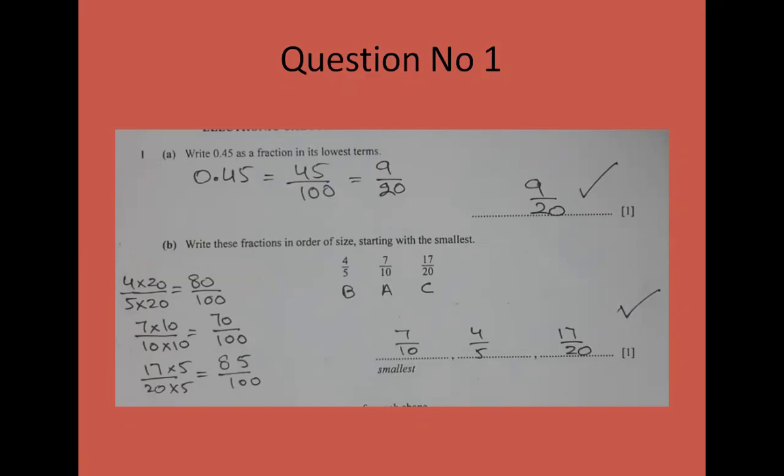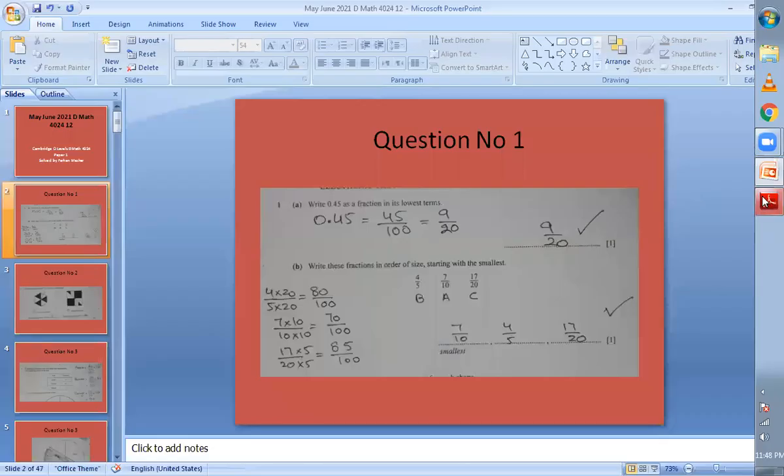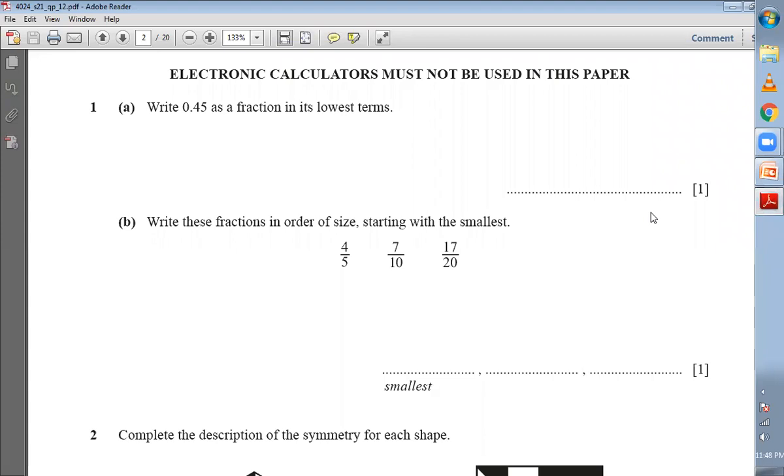Now question number 1 B. The B part is to write these fractions in the order of size, starting with the smallest. The trick we will use is to make their denominators the same.